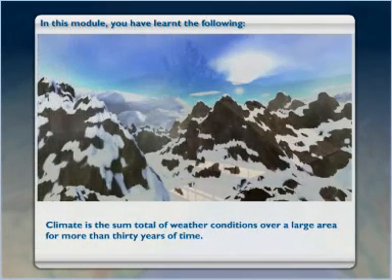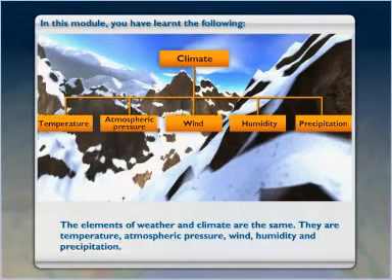Climate is the sum total of weather conditions over a large area for more than 30 years of time. The elements of weather and climate are the same. They are temperature, atmospheric pressure, wind, humidity, and precipitation.